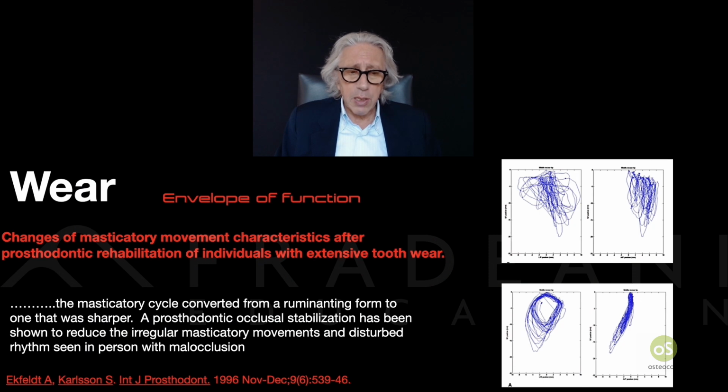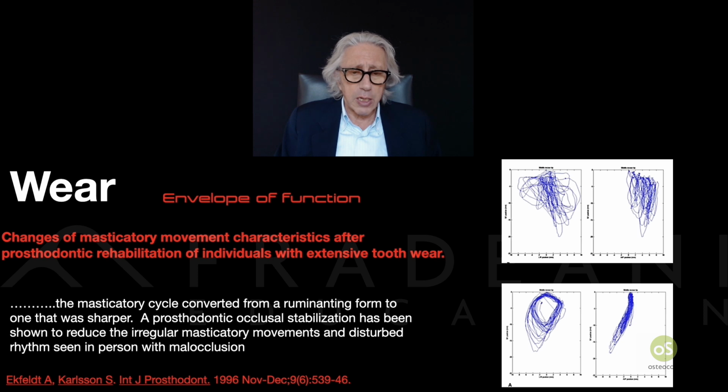Changes of masticatory movement characteristics after prosthodontic rehabilitation of individuals with extensive tooth wear. The masticatory cycle converted from a more ruminating form to one that is sharper. In the beginning it was much larger in the original case, at the end much sharper.